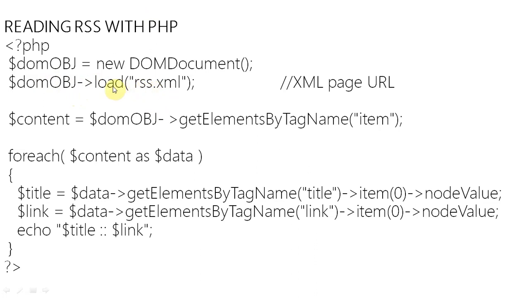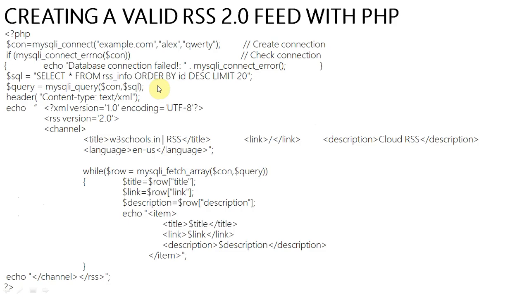The load function will collect data from rss.xml, because in the previous program we converted the RSS info table data into rss.xml, because we started here the XML program. We collected the data from the table and then converted it into XML form.